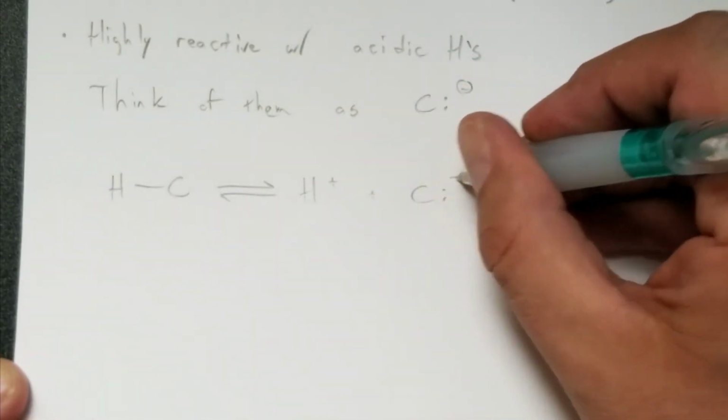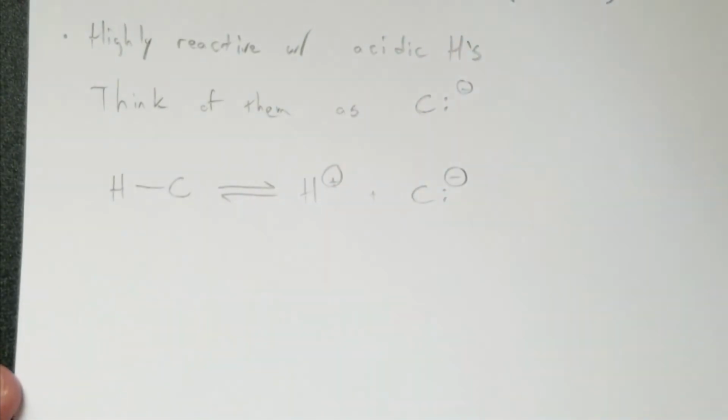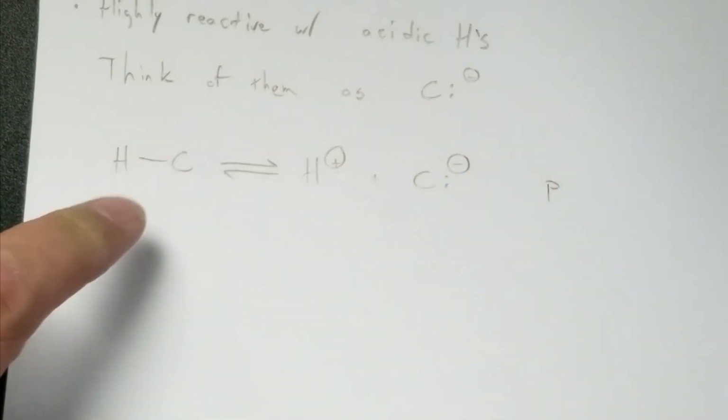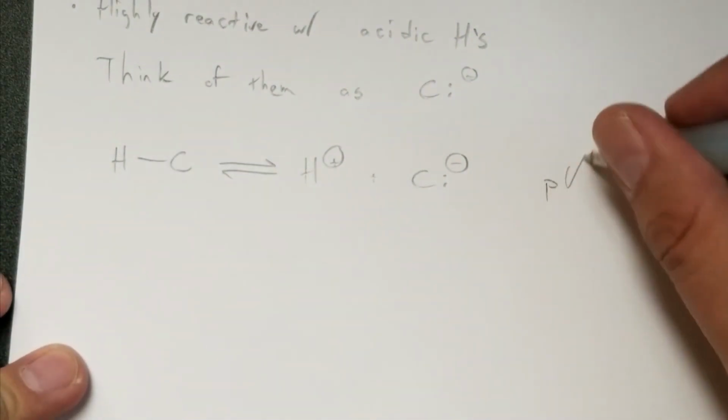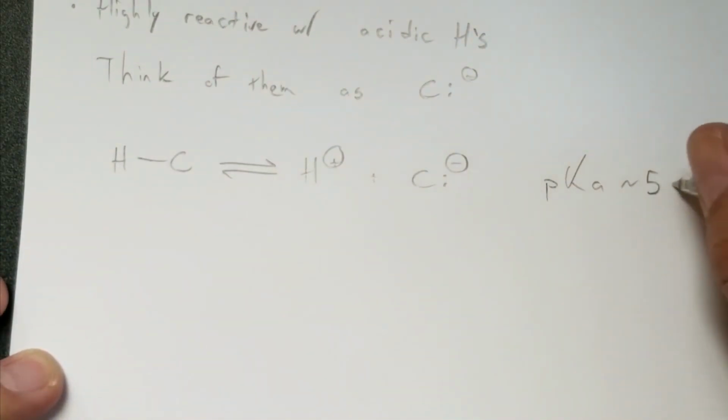Do you recall what the pKa of this reaction is? It's about 50. So these are probably the weakest acids that we're going to deal with. If it's an alkane C-H, the pKa is about 50.